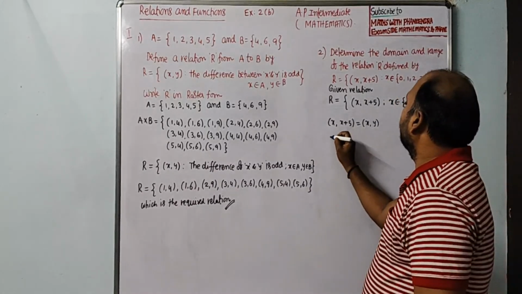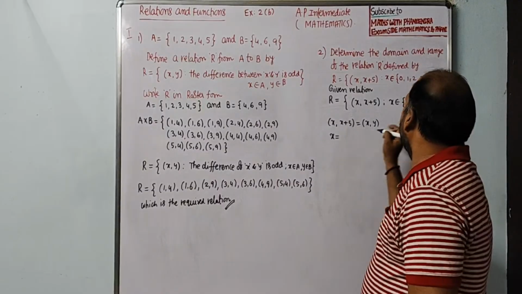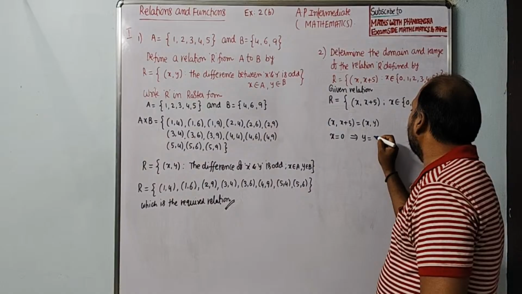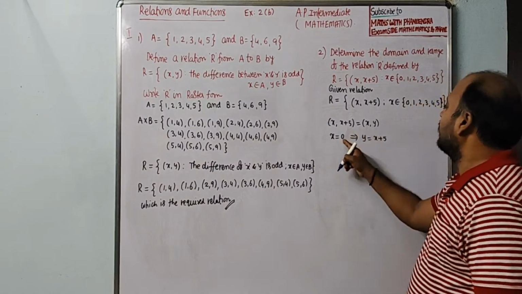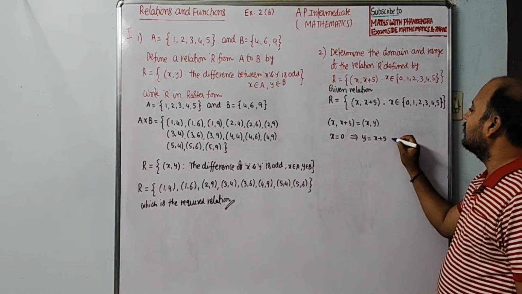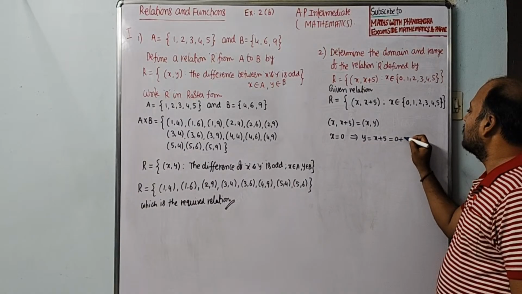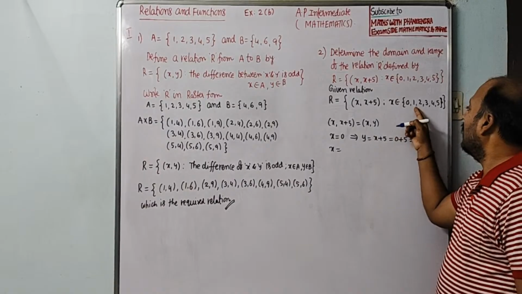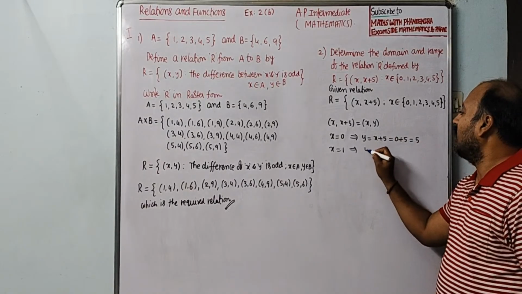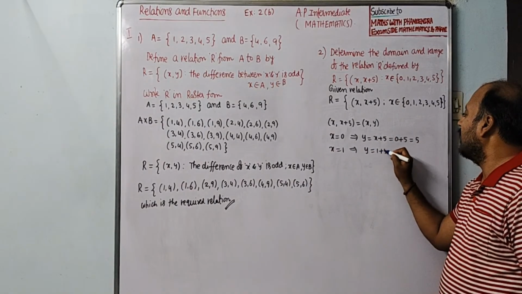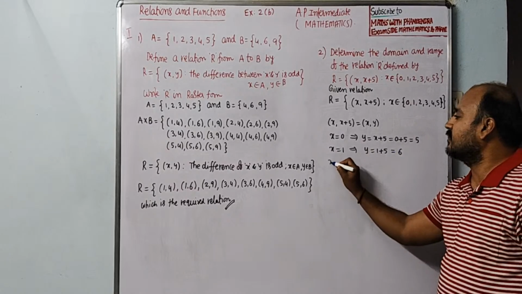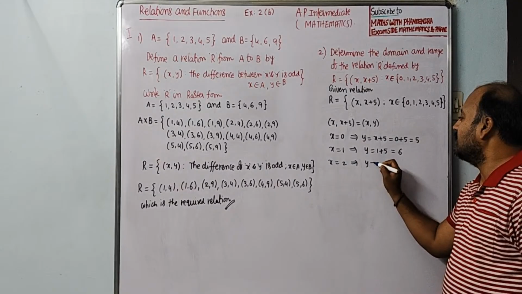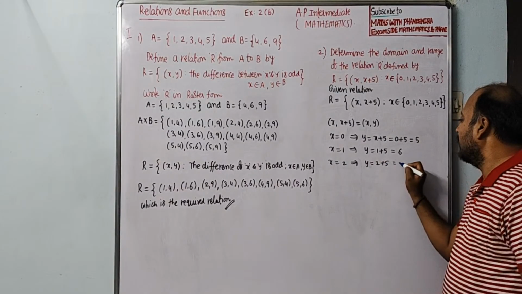So x is equal to 0, that implies y is equal to x plus 5. Substitute x equal to 0 in this. What comes? 0 plus 5 equal to 5. Next, x is equal to 1: y is equal to 1 plus 5, that is equal to 6. x is equal to 2: y is equal to 2 plus 5, 7.